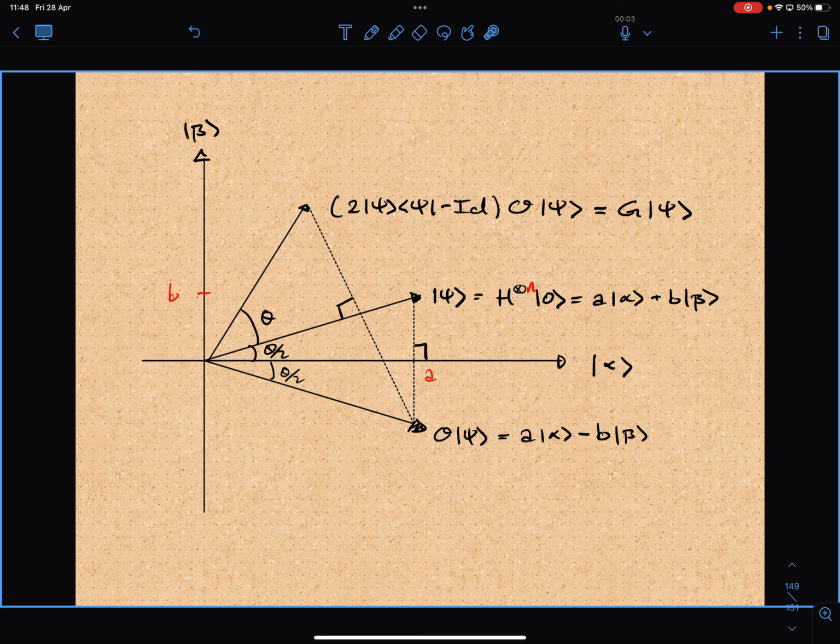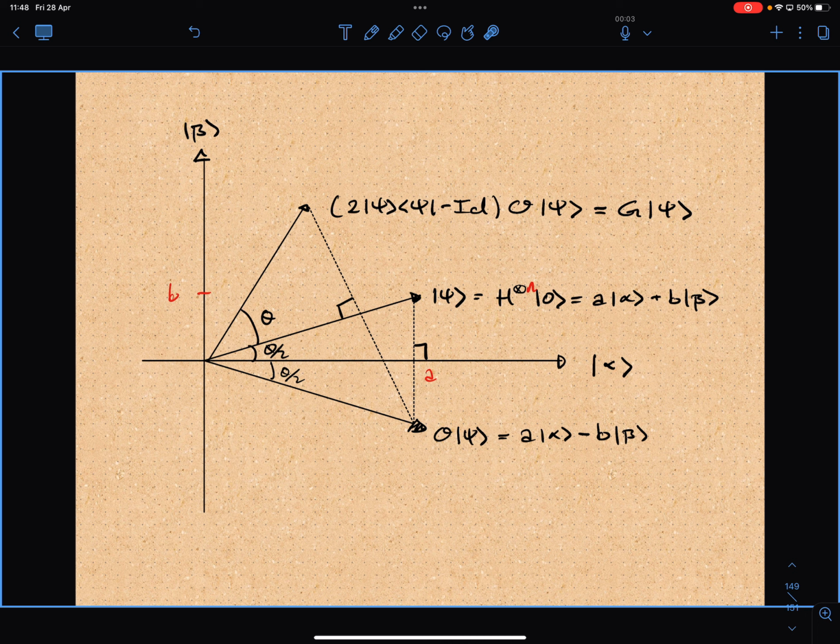And if we started here with angle theta over 2, we flip it over here to be angle theta over 2, then the overall angle of this is going to be theta, and when we flip it, this angle has to be theta. So the overall action is moving this vector and rotating it to this vector. And so our result is a rotation.